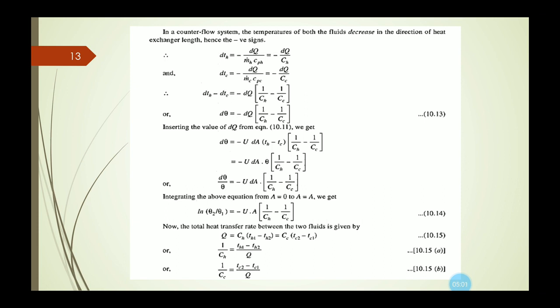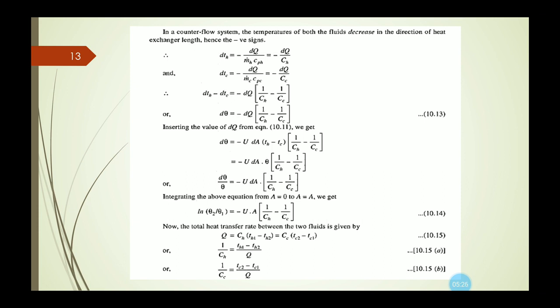Now here dTh equals minus dq divided by m dot h Cph, that is equal to minus dq by Ch. Capital C here equals m dot h and Cph, that is for the hot fluid. In a similar manner, dTc equals minus dq divided by Cc.